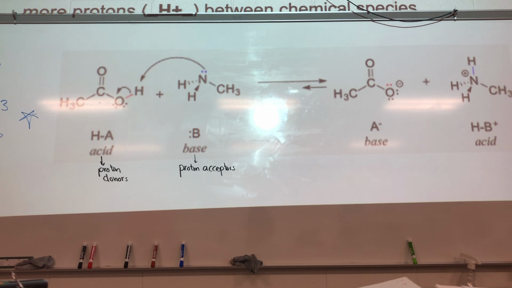So once again, hydrogen is key, and that hydrogen is moving from something to something else. Good question though. Yeah, so the precipitation ones keep separate. It's not going to be one of those three.